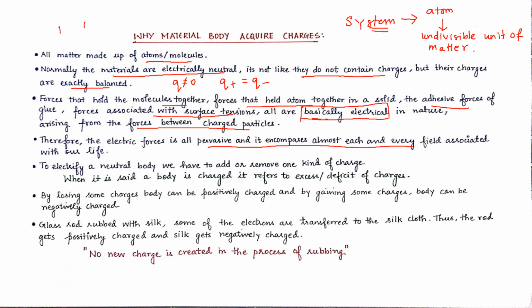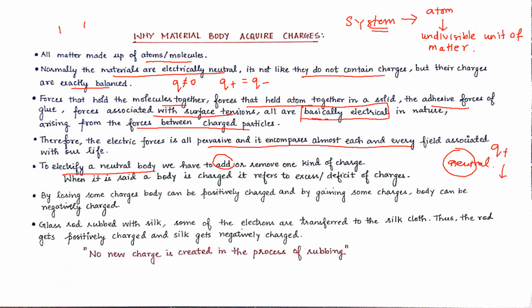To electrify a neutral body, we have to add or remove one kind of charge. Say we have a body with some amount of charge, but it is still electrically neutral. What we will do is start removing either positive or negative charge.